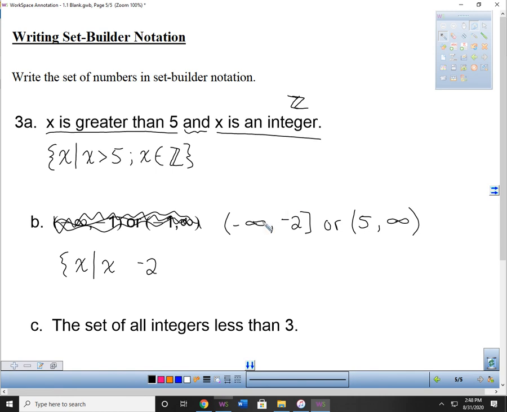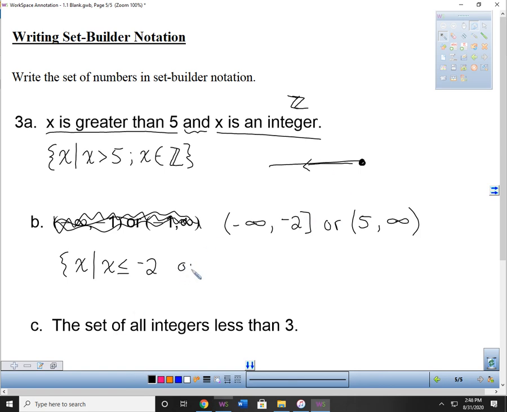So I have to decide if all of these values are greater than -2 or less than -2. So if you think about it, if I come this way and I stop at -2, all of these numbers are less than, since I have the bracket, or equal to -2.